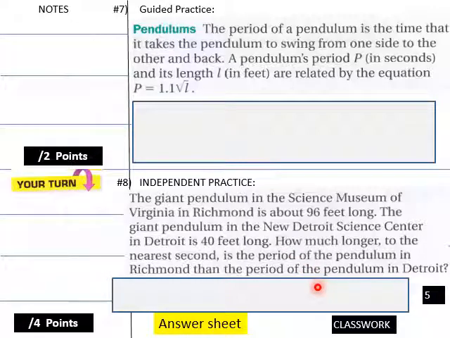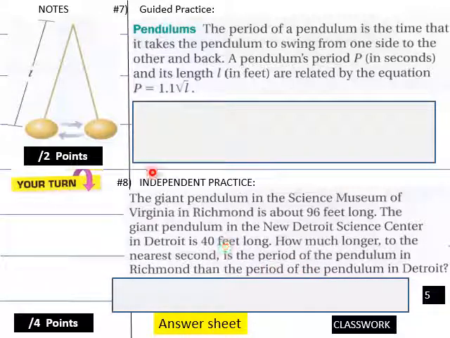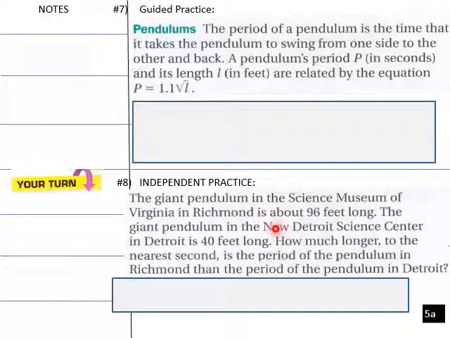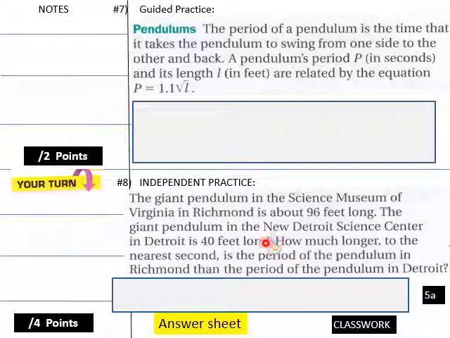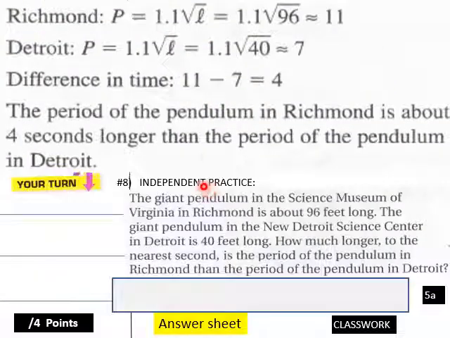To answer that, we're going to plug in the length of the pendulum, that is our L, and we have two different L lengths. Now we can figure out the Richmond versus Detroit pendulum time in seconds. Richmond would equal 1.1 times the square root of 96, which would be about 11.